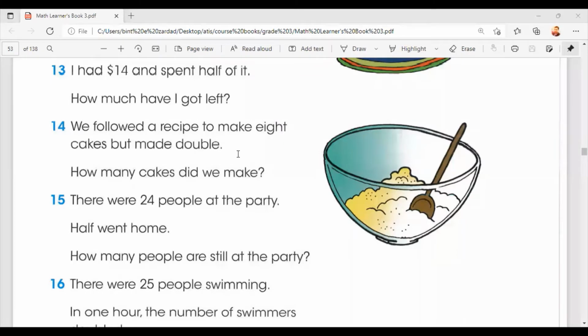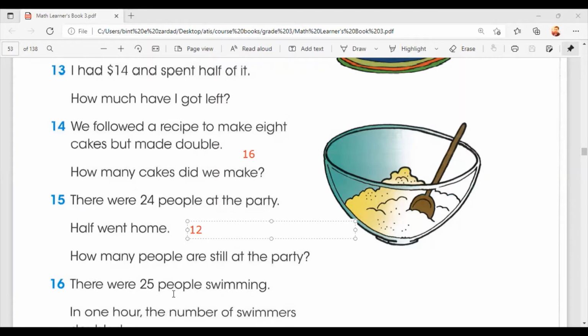So double of 8 equals 16 cakes. There were 24 people at the party, half went home. So half of 24 equals 12. 12 plus 12, 24. So how many people are still at the party? 12 people are still at the party.